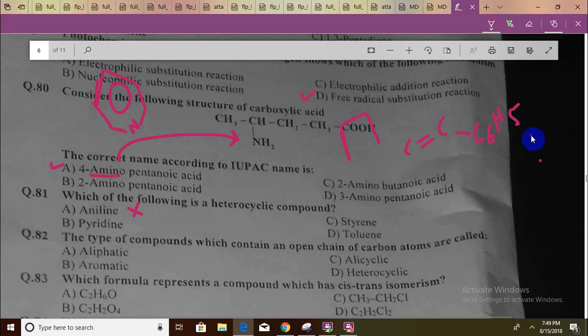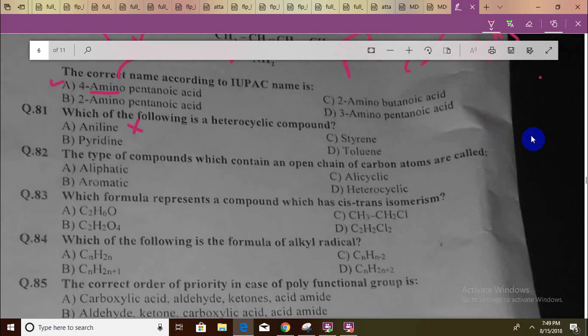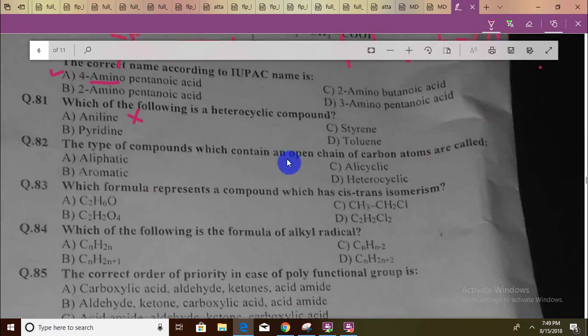The type of compounds which contain an open chain of carbon atoms are called aliphatic, aromatic. No. What does alicyclic mean? Alicyclic are basically the ones that have a ring structure. The name is a bit misleading. We get confused as to what the ali part of it means, but it's clearly mentioned in the book.